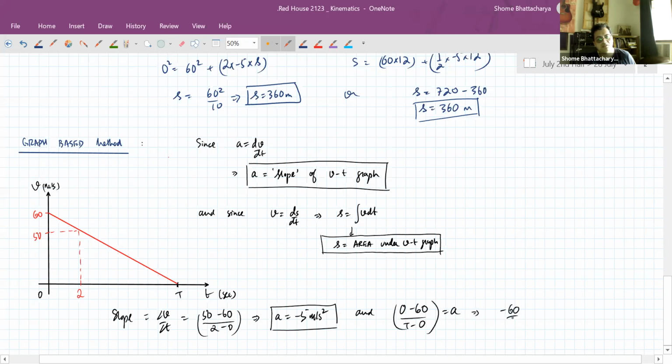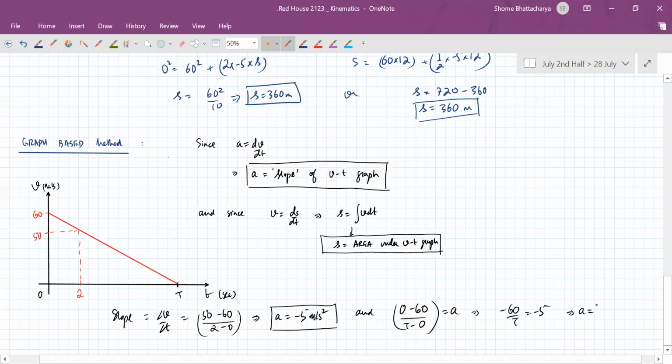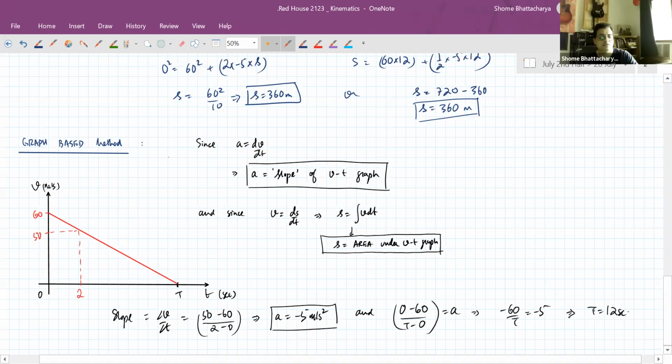So minus 60 by t should be equal to minus 5. So that time is 12 seconds. And then the total displacement will just be the total area of the triangle.